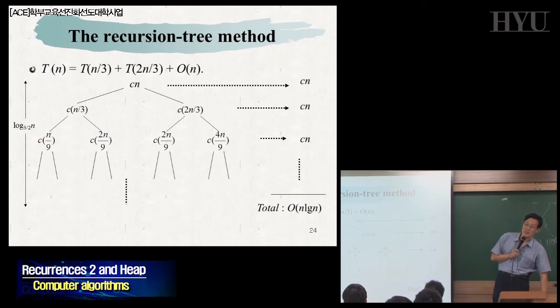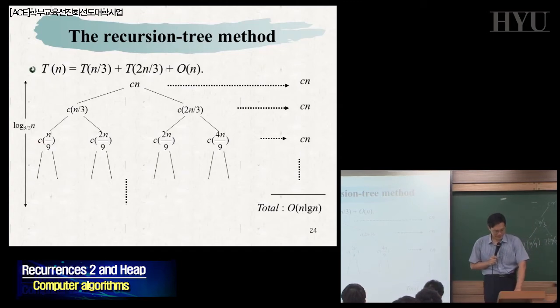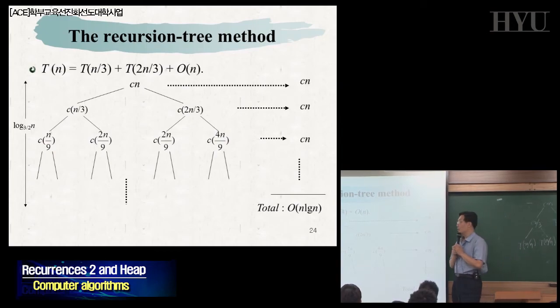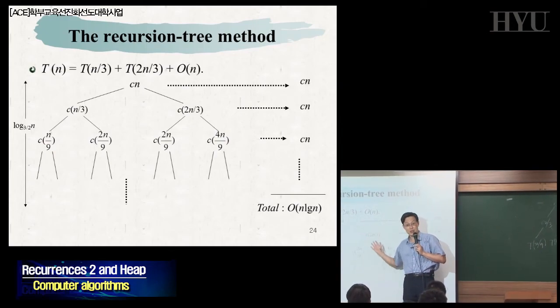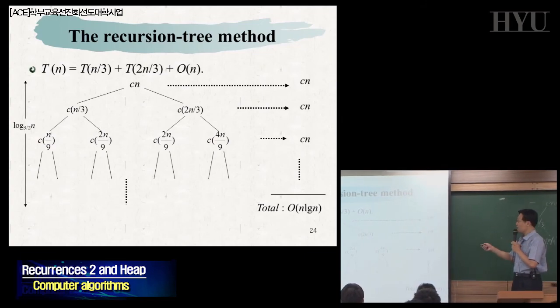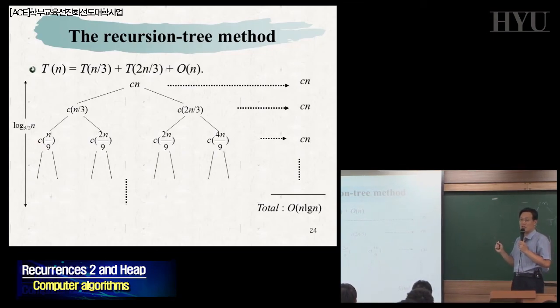The answer isn't difficult. We add all the numbers in this tree. Then it's like this. The sum of the numbers in each level equals Cn.